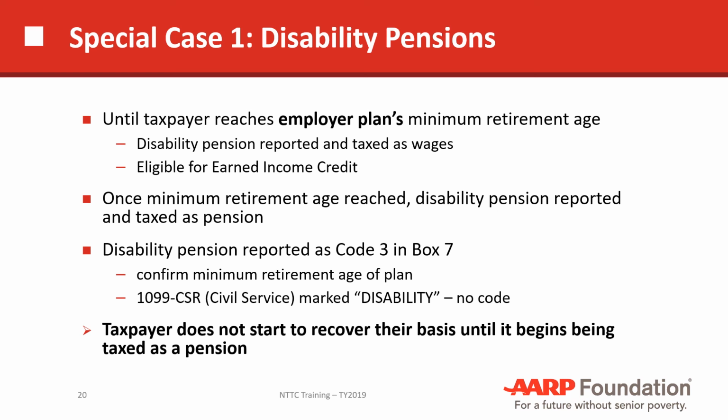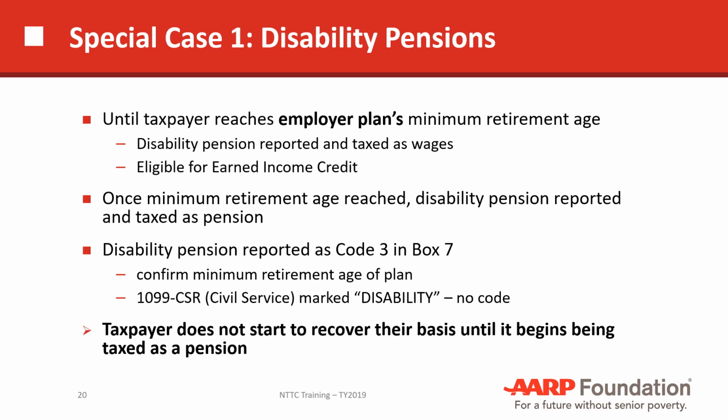The disability pension is reported as a code 3 in box number 7 on the 1099-R, and you need to confirm the minimum retirement age of the plan, civil service 1099 marked disability. So the taxpayer does not start to recover their basis until it begins being taxed as a pension.